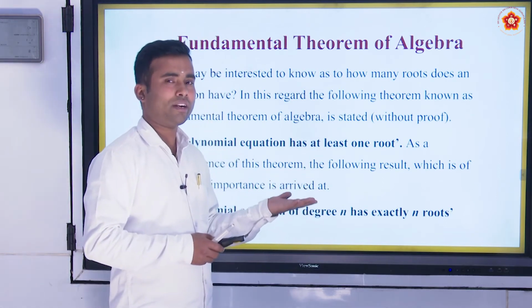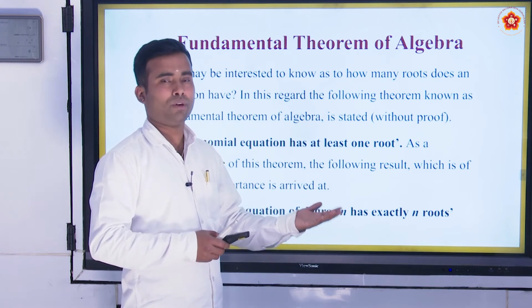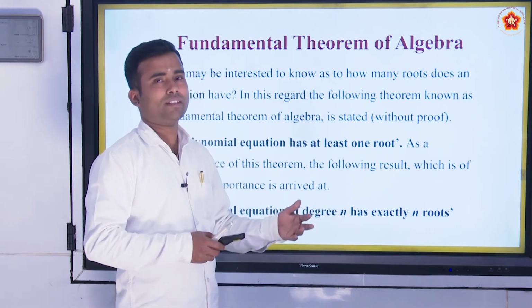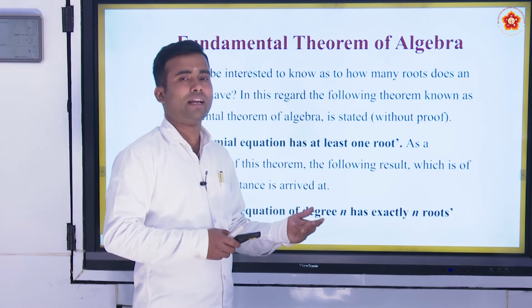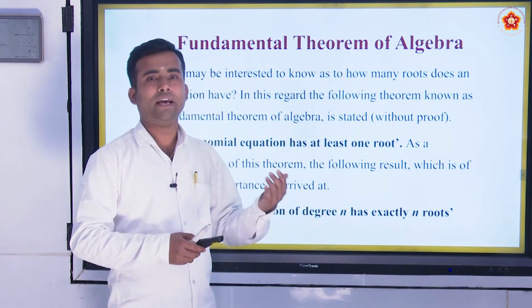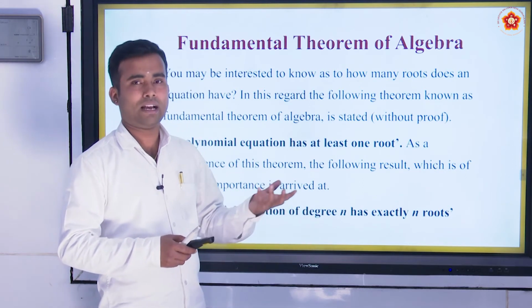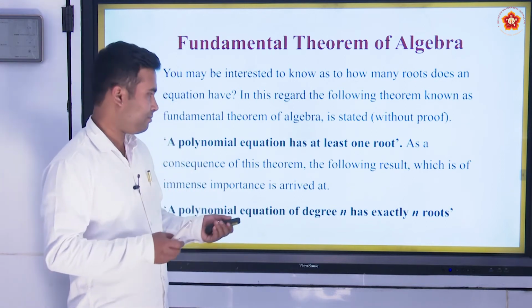Understand? So, the linear equation has one solution, that is one root. Quadratic has two roots, cubic has 3, like that. A polynomial equation of degree n has exactly n roots.